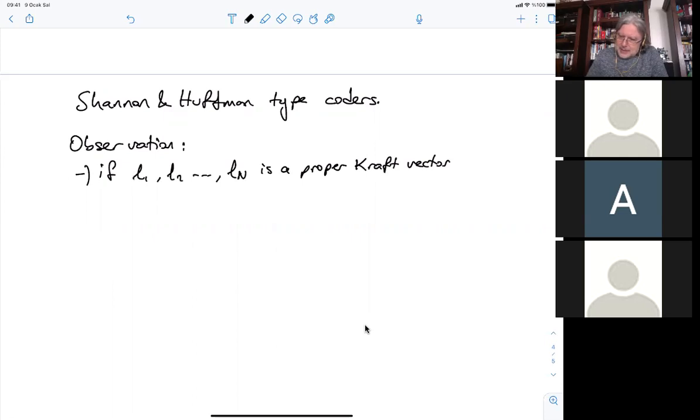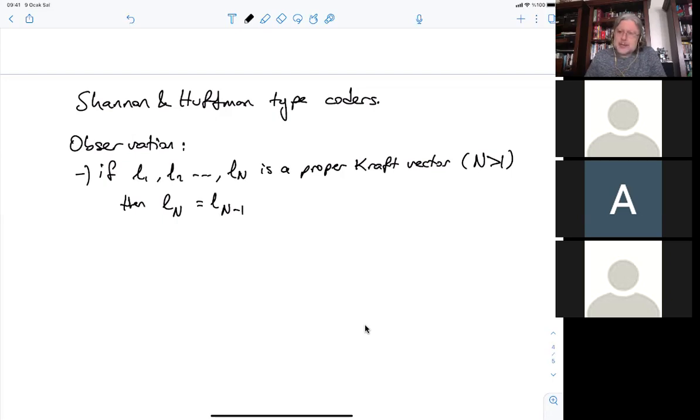Then, and of course, for n greater than 1, the non-trivial case, Ln, the last vector's length, is equal to Ln minus 1, the one before that, for the efficiency.